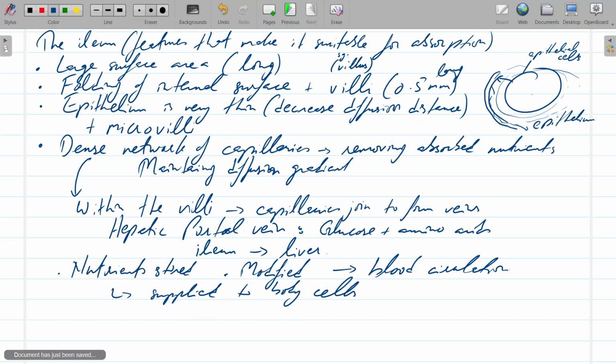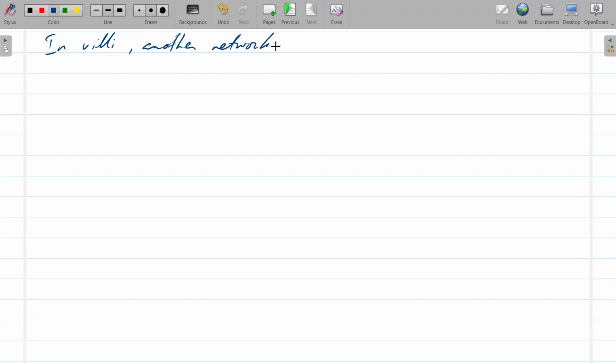Now within the villi, there is another network of vessels, which are not blood vessels, and these are called lacteals.